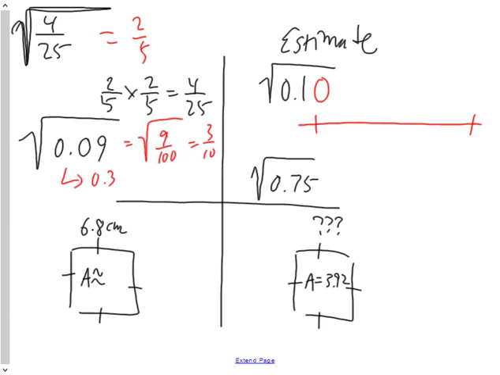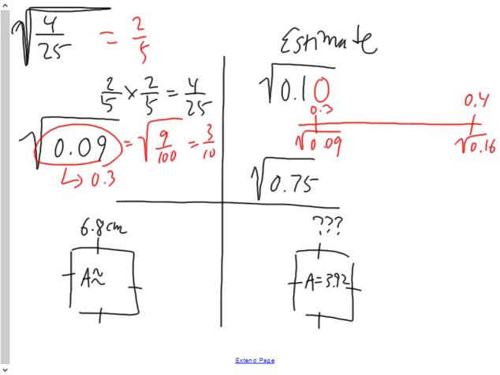So the first perfect square, we know from the last question. We know that 9 cents is just a little bit less than 10 cents. So 9/100ths is just a little bit less than 1/10. So I'm going to put the square root of 0.09, which as we just figured out is 0.3. And over here, I know the next one is going to be 0.4, and 0.4 times 0.4 is 0.16.